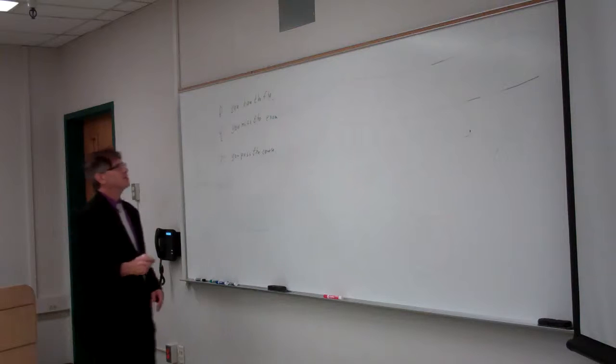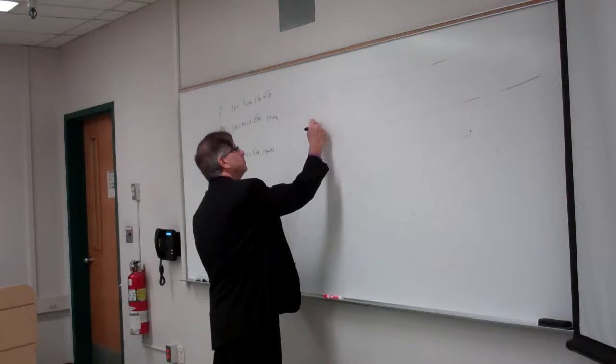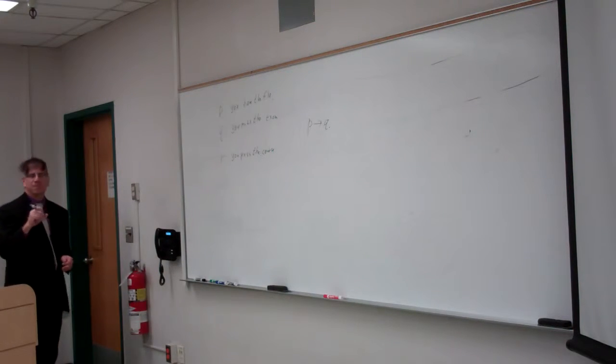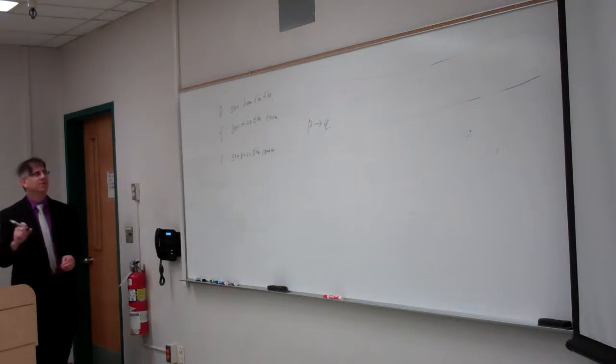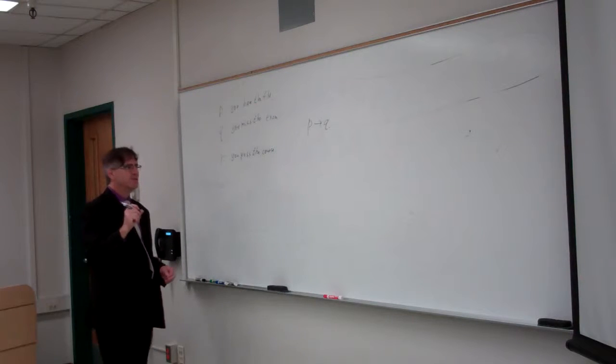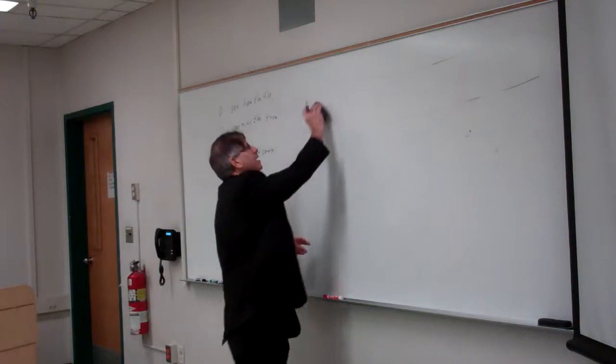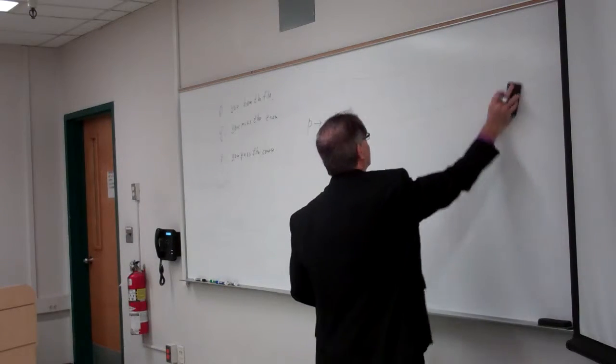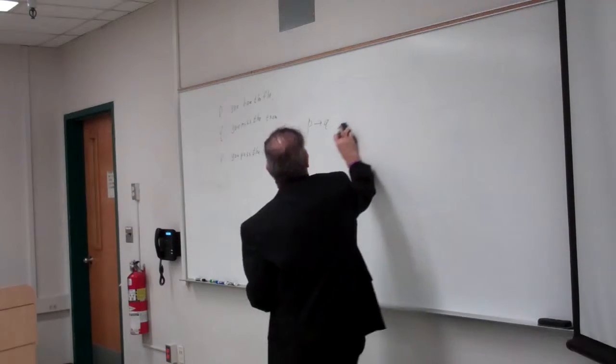And when you have something like P arrow Q, the best way to translate that into words is: if P, then Q. If you have the flu, then you miss the exam. And if you get too conversational, you risk tripping over the imprecision of the English language.